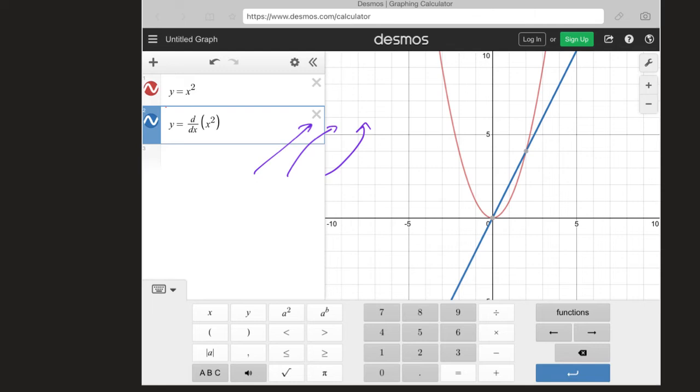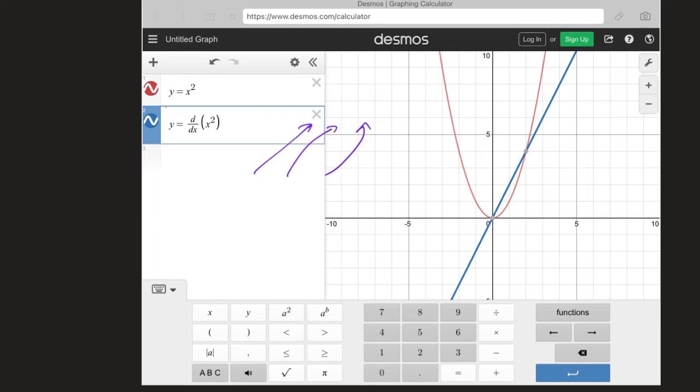And so if I was to highlight where on my parabola my slope is positive, well, everywhere here my slope is positive. And notice that my slope is positive because my blue line all has positive values.